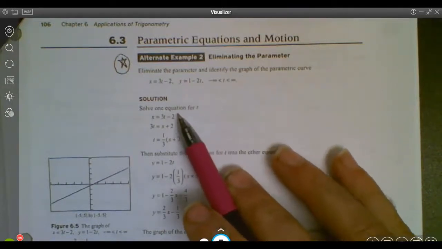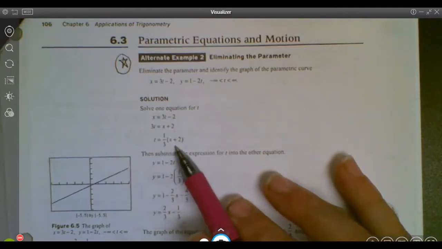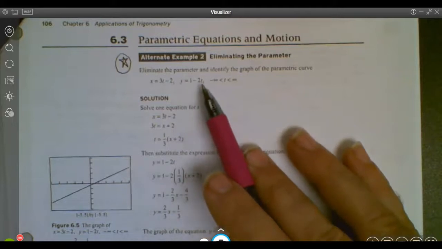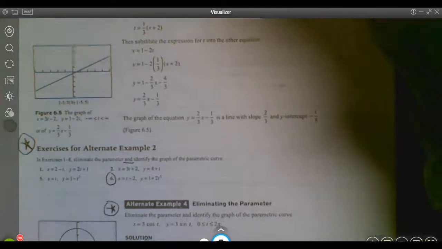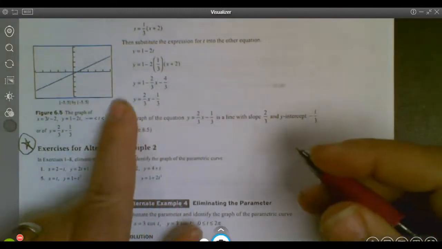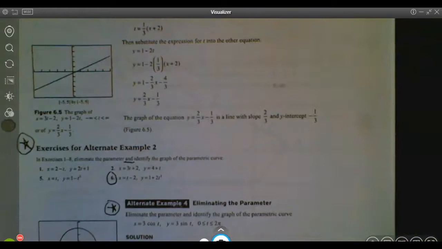So right here they isolated t on the x component and they came up with that statement right there. They're now going to take this equation and plug it into t in the y function in order to get that statement right there. And so now you have one function identifying the parametric function, like I just did on the previous page.